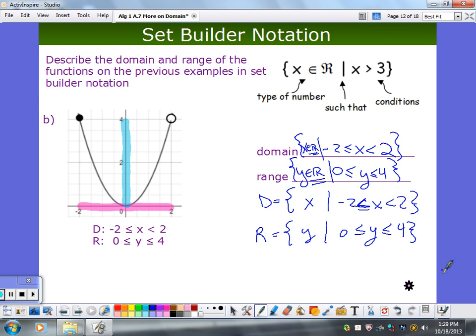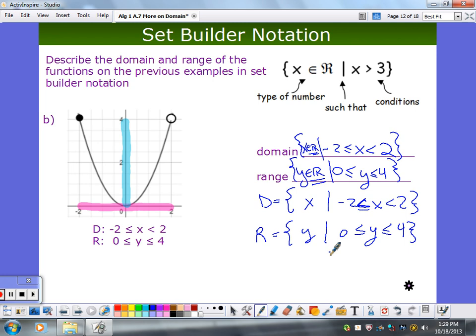I don't have is an element of the real numbers, because if you leave that out, I am assuming that's what you need. So it just got even a little bit easier to write these. All you have to do is put the curly brackets in, declare your variable, put your line, such that, and there you go. I'm in set builder notation.